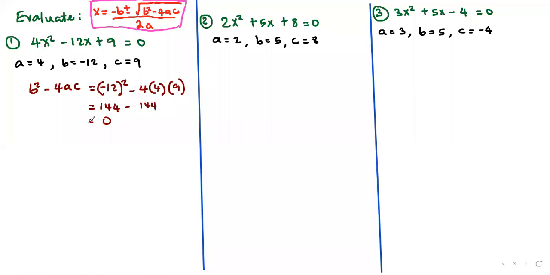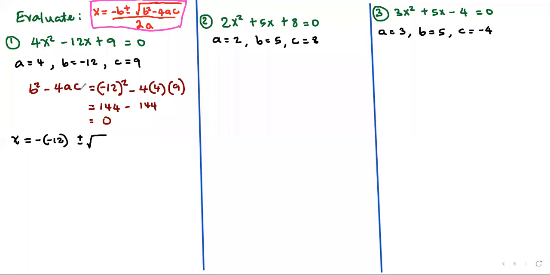You see that? Now, if b squared minus 4ac is equal to 0, let us continue and get the final answer. We know that x is equal to minus b, so that will be minus negative 12 plus or minus the square root of b squared minus 4ac.